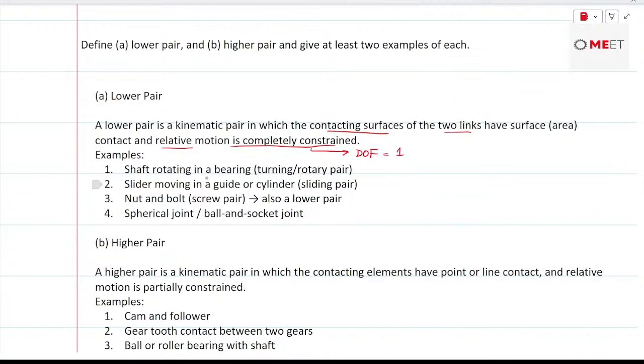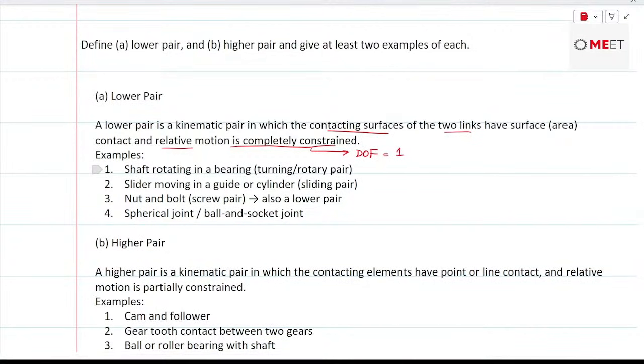So a shaft rotating in the bearing is going to form a turning pair or rotary pair, and a slider moving in the guide or cylinder is going to form a sliding pair, that is straight line motion or linear displacement, and this is telling you about angular displacement.